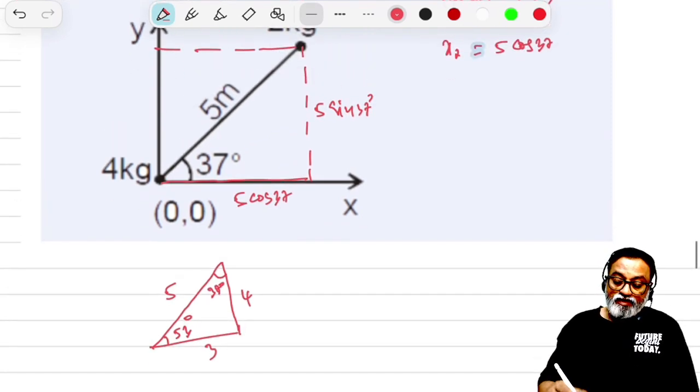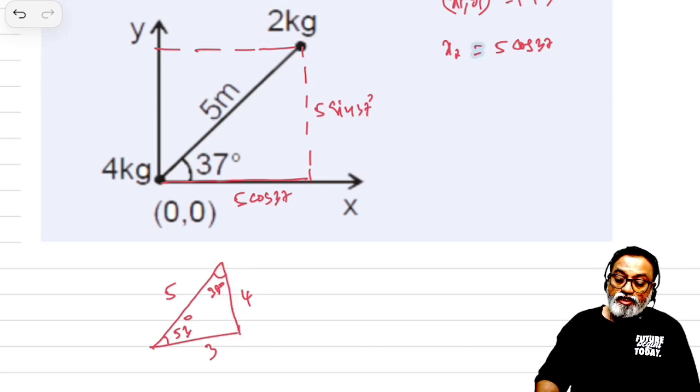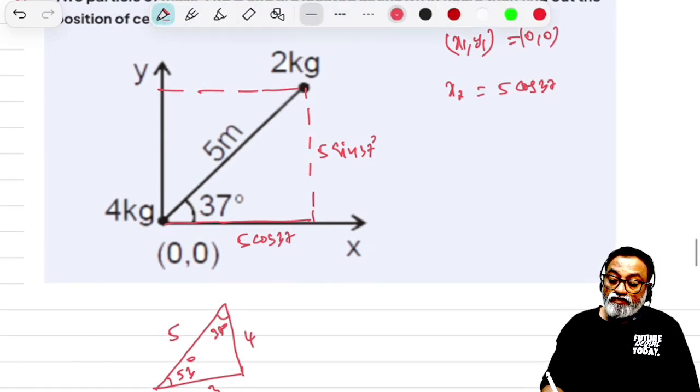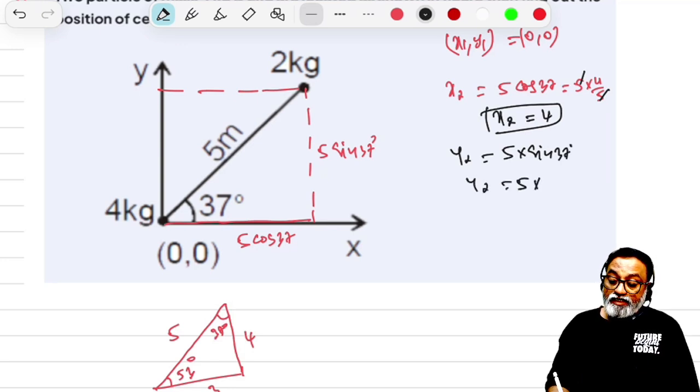Therefore, cos 37. From this triangle, cos 37, adjacent side by hypotenuse, that is 4 by 5. Therefore, 5 into 4 by 5. Therefore, 5 gets cancelled. x2 is equal to 4. Like that, y2 is equal to 5 sin 37, which is 3 by 5. This is 3.